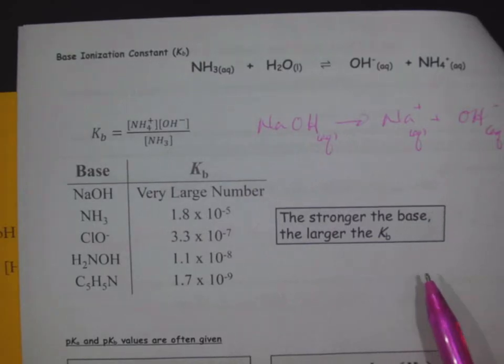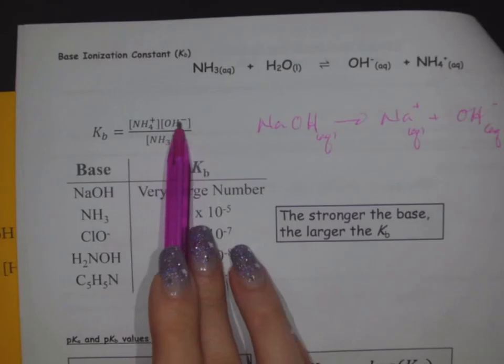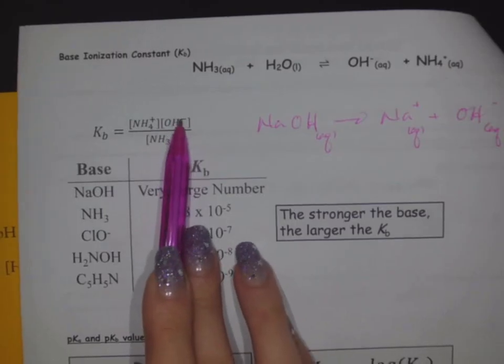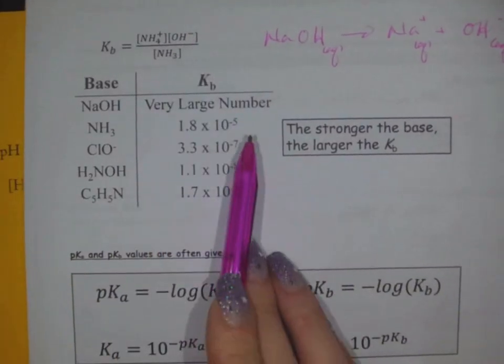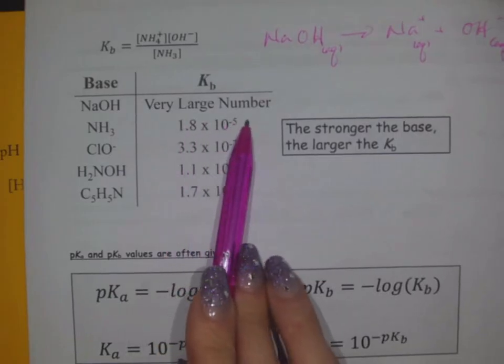Similar to before, when this Kb value is really big, then there's a lot of hydroxide in there. That's a stronger base. So the larger the Kb, the stronger the base.